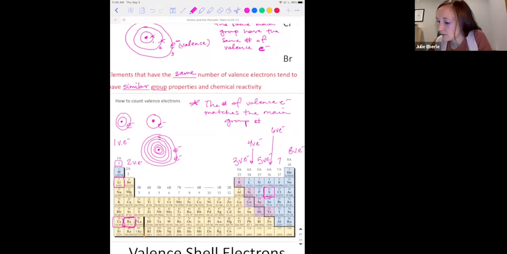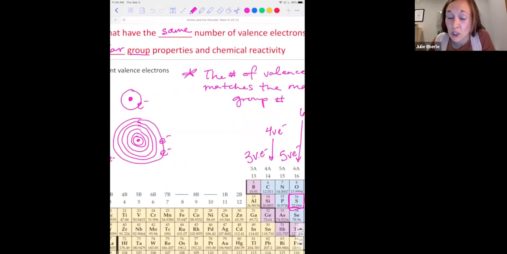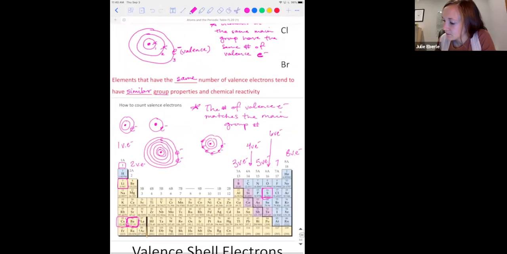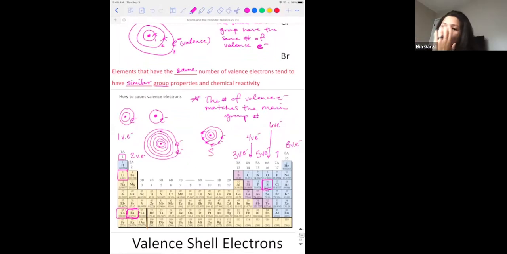Well, if we wanted to draw a picture of sulfur and we're just drawing the valence electrons, you would draw 3 shells, and then you would put 6 electrons on that outer shell. Does that make sense? Okay, yeah, that makes sense. I kind of had a brain fart. Thanks. 6 valence electrons, yep. So that would be sulfur. We said this was barium, this was hydrogen, this was lithium.